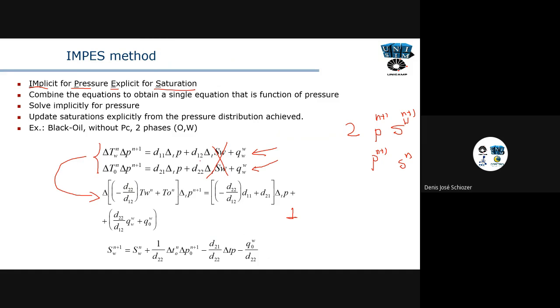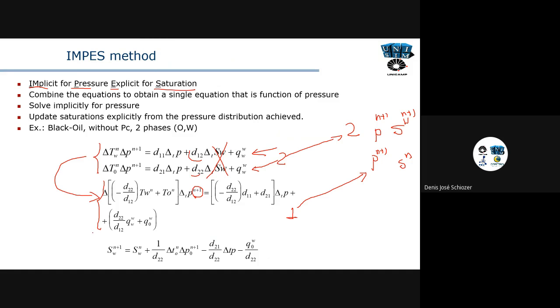So in this example, I multiply by these functions and add the two equations. So I eliminate water saturation from the equation, and I keep only the pressure as our unknown. So instead of having two equations and two unknowns, I have just one equation and one unknown. Okay. Once I do this, I solve for pressure.